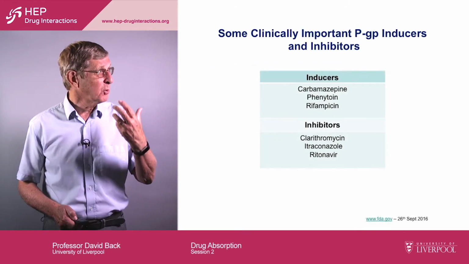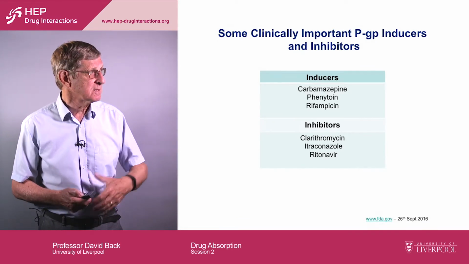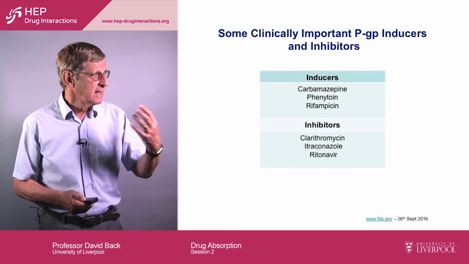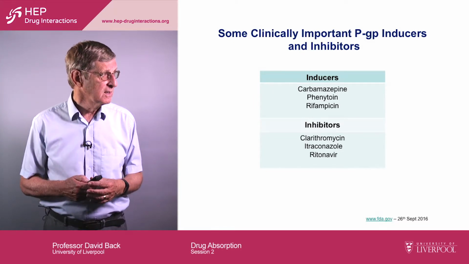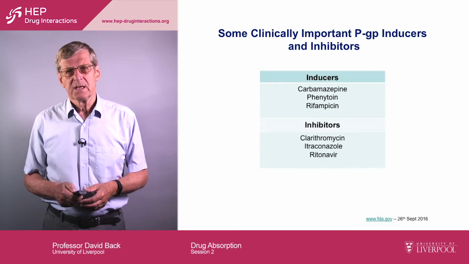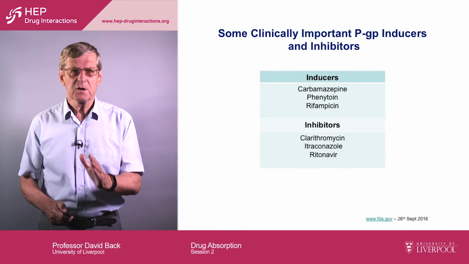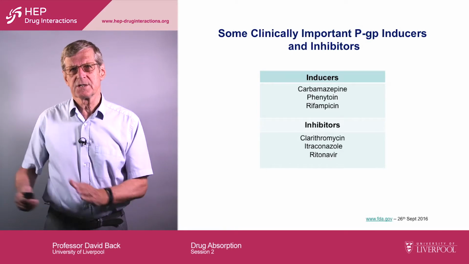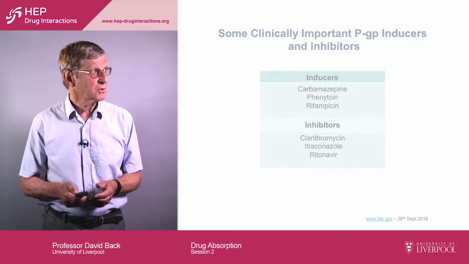And these are some of the important P-glycoprotein inducers and inhibitors. Some of the same ones are inhibitors: clarithromycin, itraconazole, and ritonavir. And we're going to expand on this as we specifically focus on individual drug-drug interactions for the HCV drugs as we develop this course.